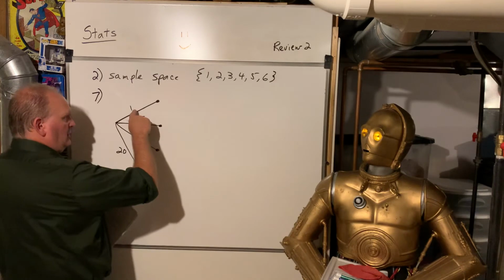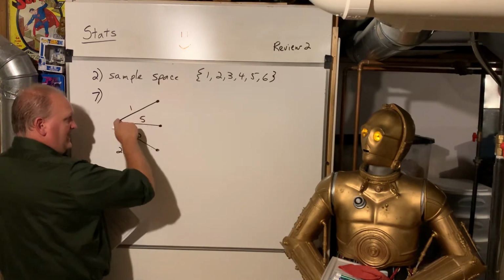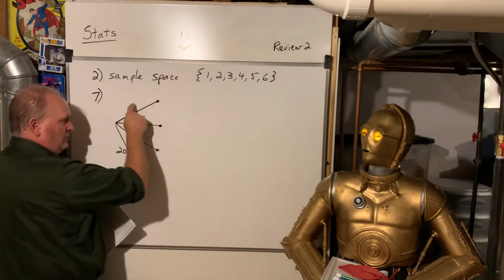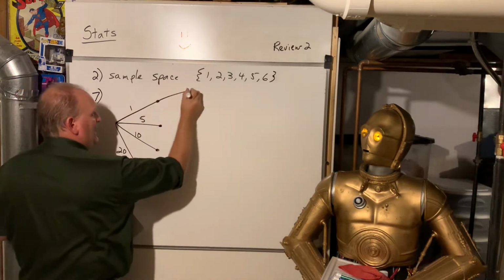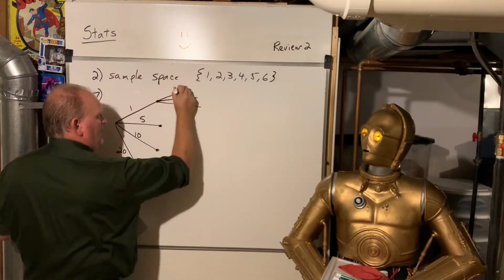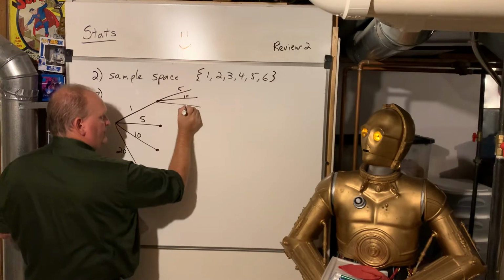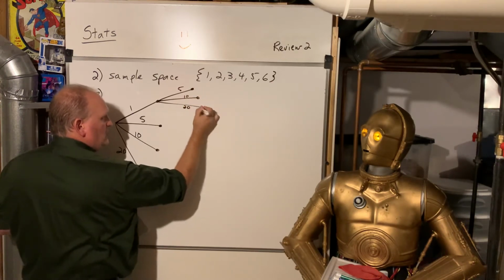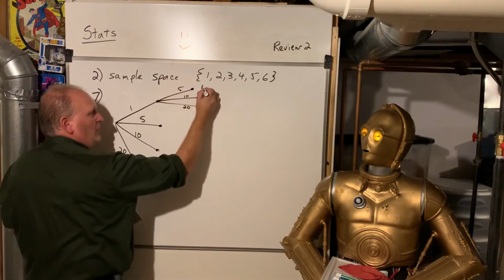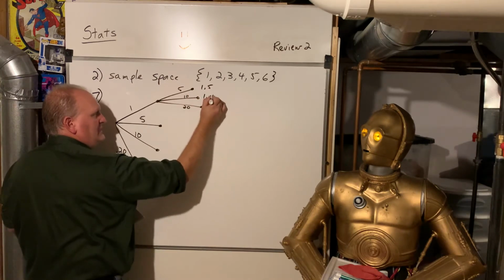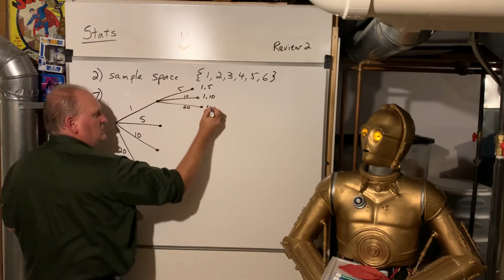So if I pull the 1 out as my first outcome, then there's a 5, 10, and 20 left. At the end of each one of these branches, this would be a 1 and a 5. This would be a 1 and a 10. This would be a 1 and a 20.